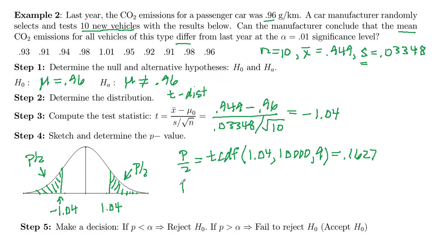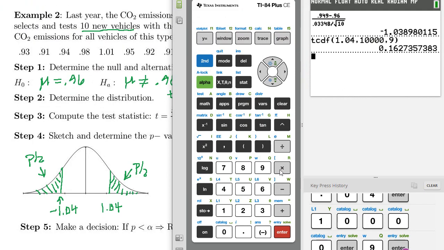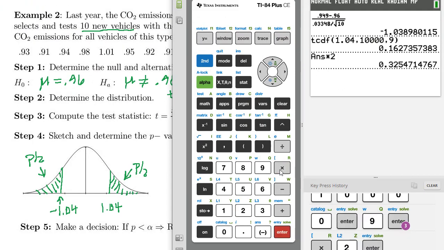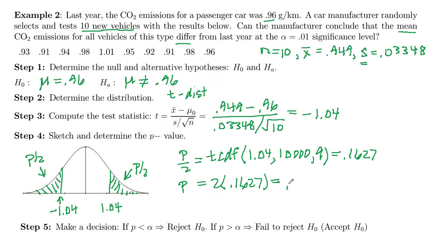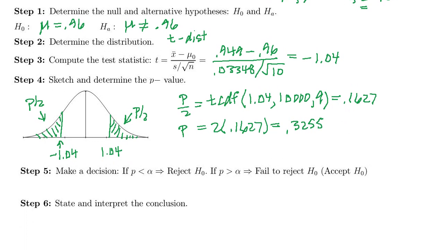And then the p-value, since it's a two-tailed test, is going to equal 2 times that, 0.1627. So go back to the calculator, times 2. So 0.3255. And now we can make our decision.